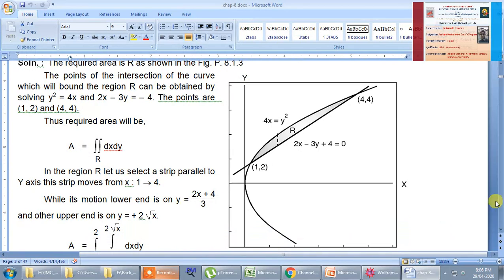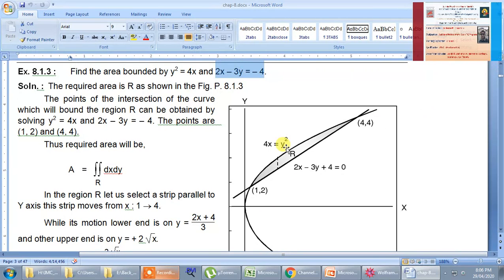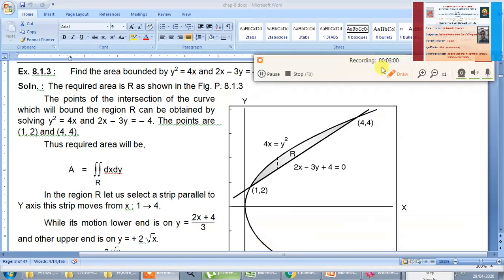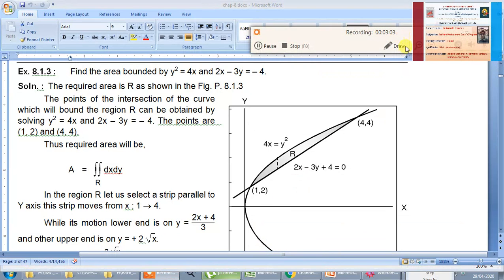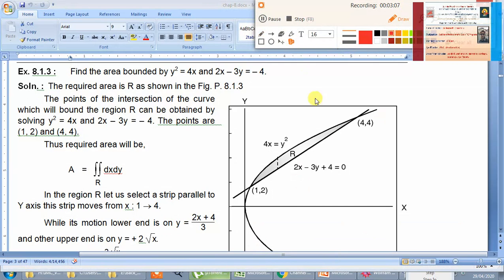That straight line has 2 points. So the first point is here, and the second point is somewhere here, and the straight line can be extended like this.